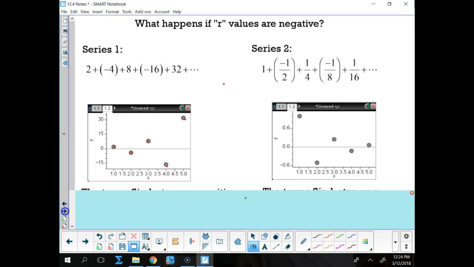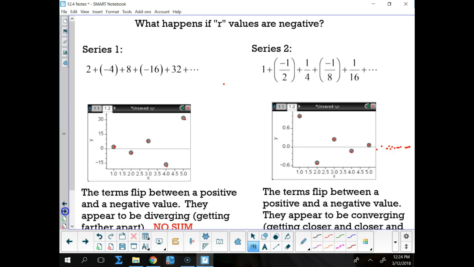You know what I mean, how is it going to converge, or can we diverge? It's getting farther and farther away from 0. Whereas in Series 2, it's getting closer to 0.